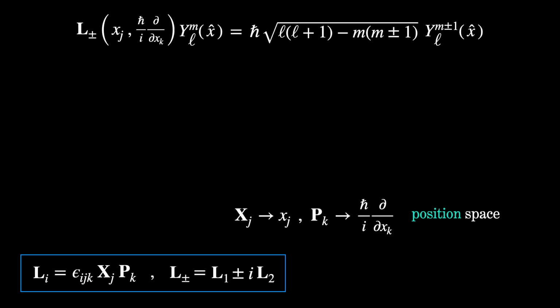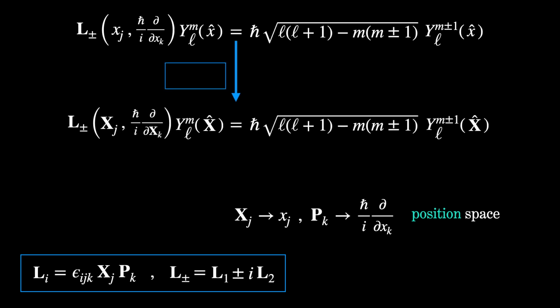Let's convert this into an equation about operators in Hilbert space. As mentioned before, this is done by replacing all the position vectors by their operator counterparts. Note that the derivatives, which were previously derivatives with respect to number variables, are now derivatives with respect to operator-valued variables, which is the position operator.